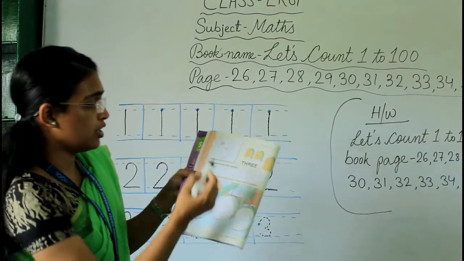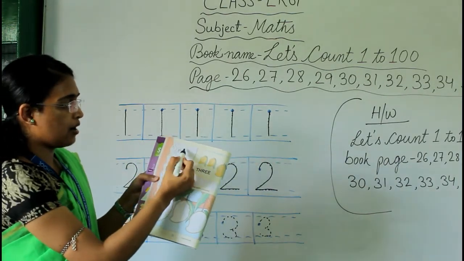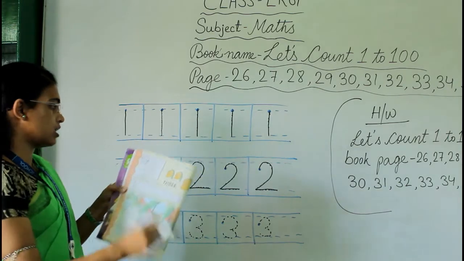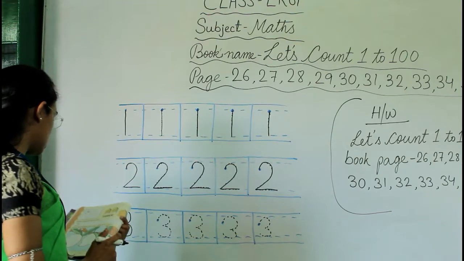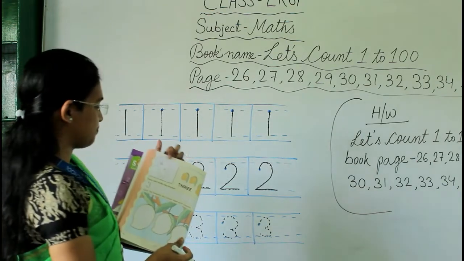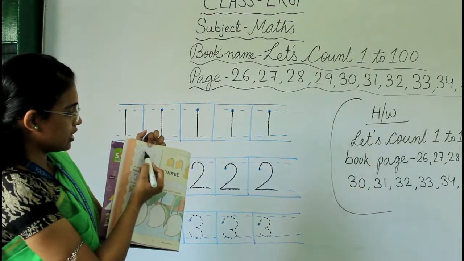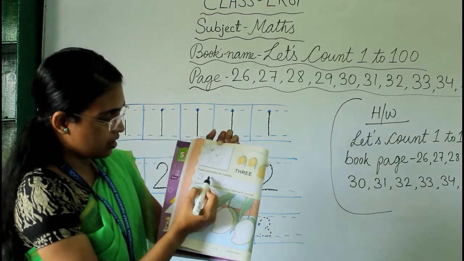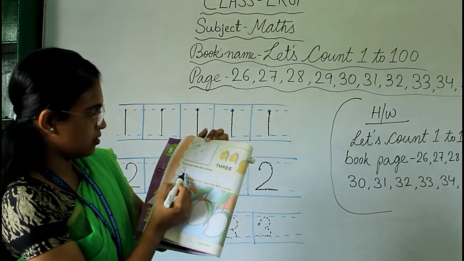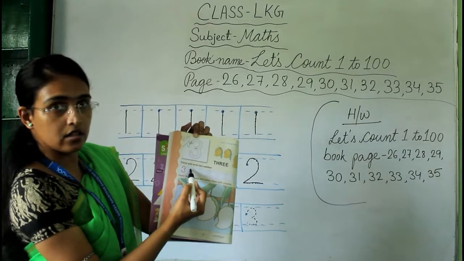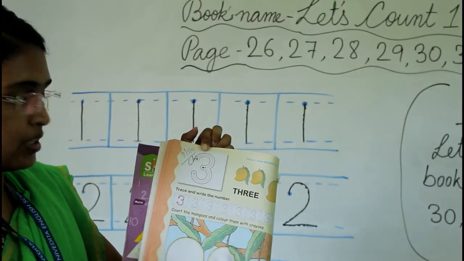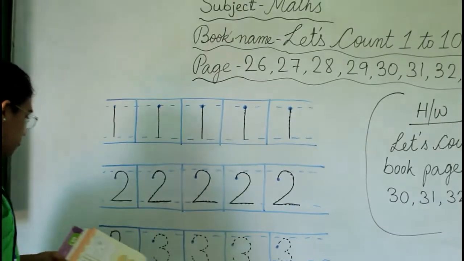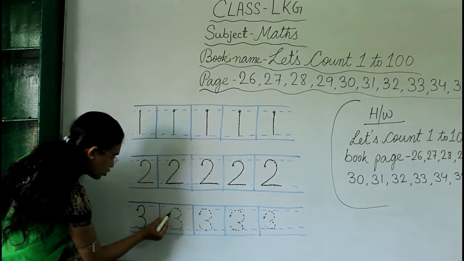So when you will trace after this, what we have to do? We have to trace the numbers. For this, I will show you how you will trace the numbers. Look, can you see the dotted line here? And a dot in the middle in this page. Can you see a dot here? Yes. So I also have made a dot here.